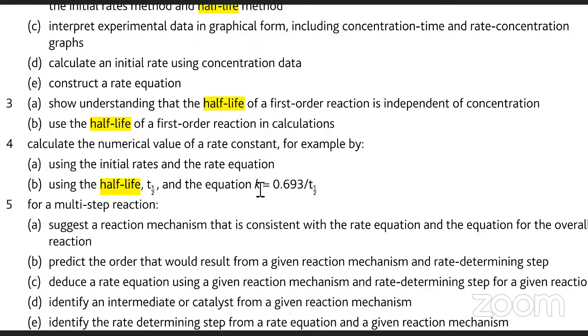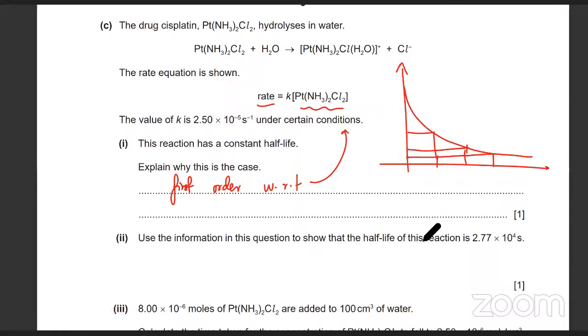It's just this formula: K is 0.693 divided by t half. If you want to figure out K, it's 0.693 divided by the half-life.